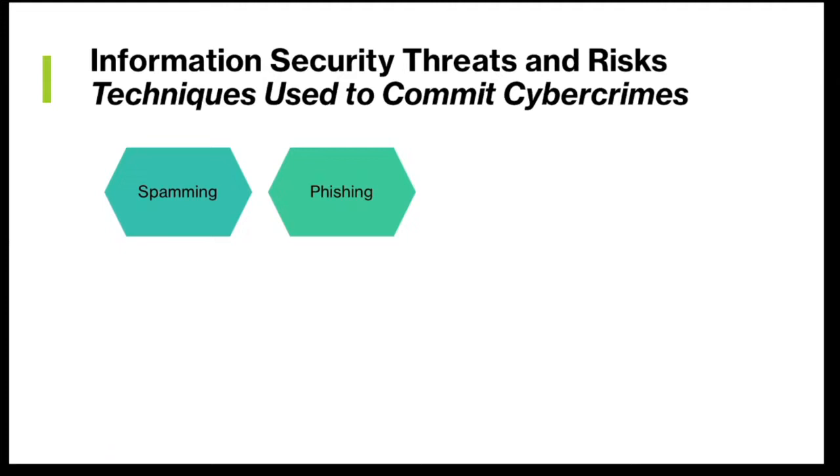So internet scammers use the email bait to fish from the sea of unsuspecting internet users. So this can also come as smishing, which uses text messages or SMS messages, or vishing, which uses phone or voice.